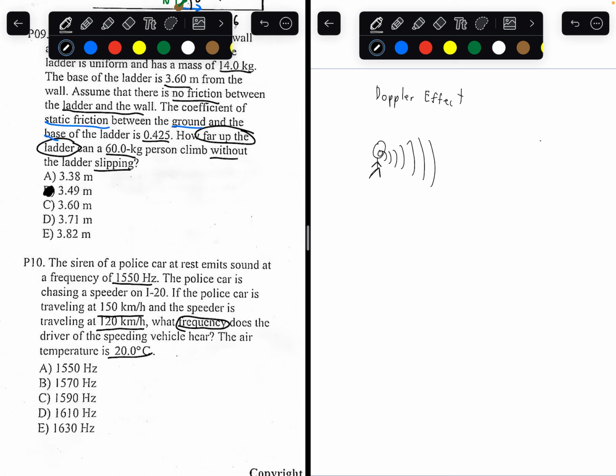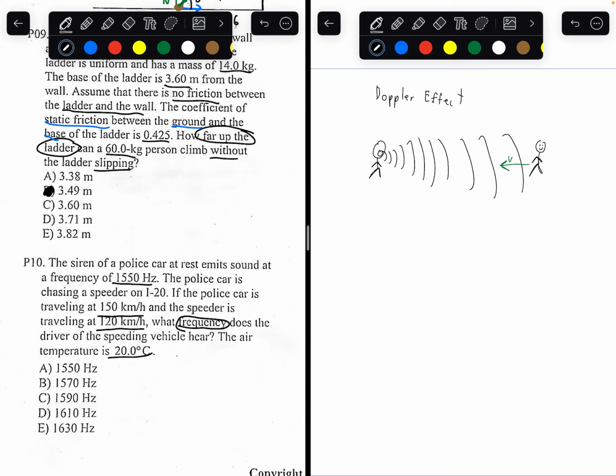And then you're all the way here, very far away. If you're at rest, you'll hear at a certain frequency. However, if you start moving, let's just say this green arrow is velocity. If you move towards the man, the frequency increases. If the man moved towards you, the frequency would also increase.